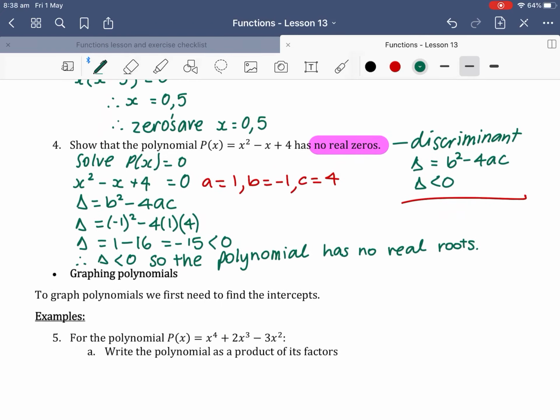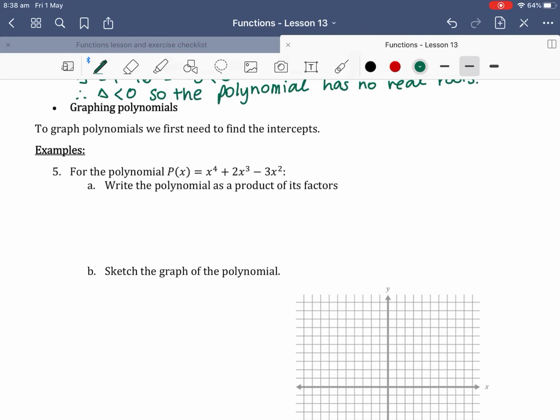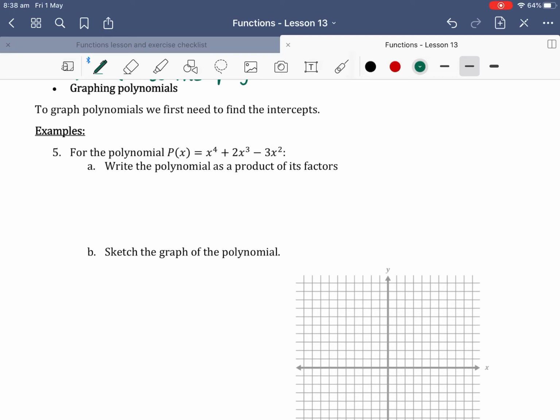Okay. Next, we move on to graphing polynomials. To graph polynomials, we first need to find the intercepts. So for the polynomial P(x) equals x to the power of 4 plus 2x cubed minus 3x squared, we want to write the polynomial as a product of its factors. This is exactly the same as writing the polynomial equal to 0.